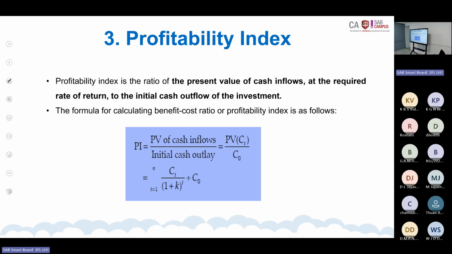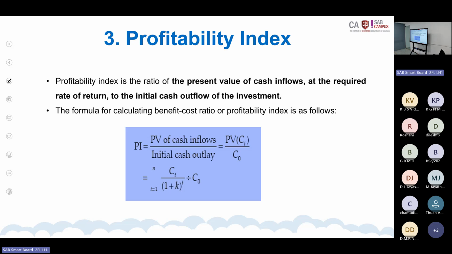So therefore, if we have taken the present value of all future cash flows, it's very easy to calculate the profitability index. It is the same as NPV, but we are expressing the project evaluation on an index basis. That is why we are dividing the PV of cash flows by the initial cash outlay.